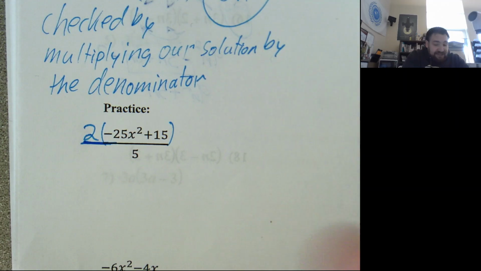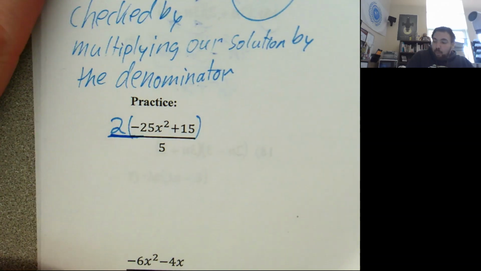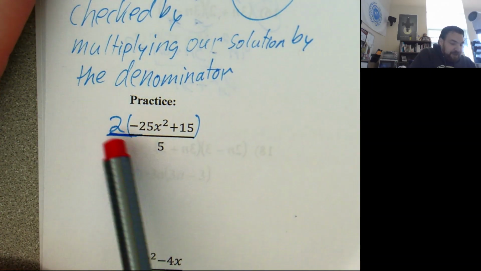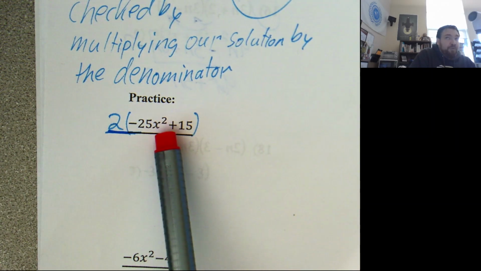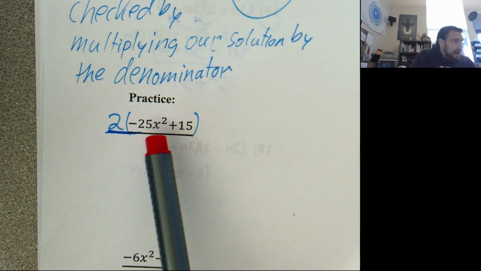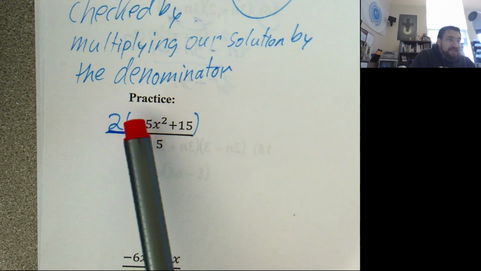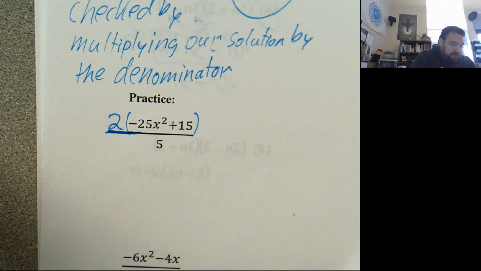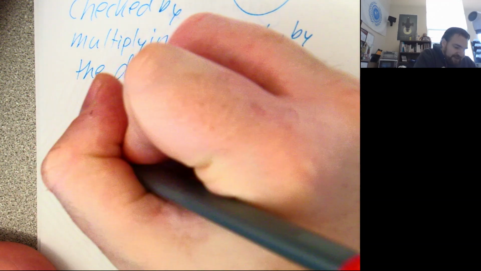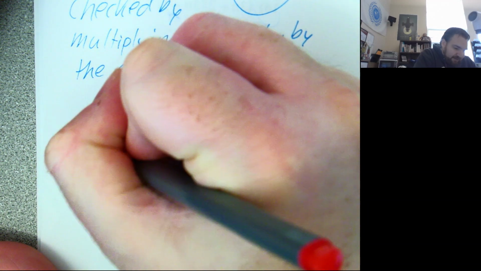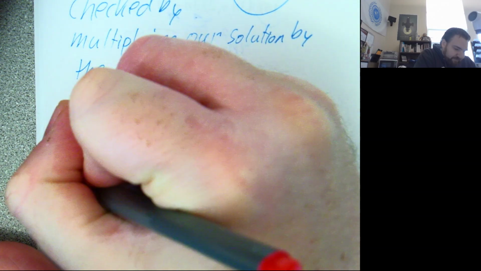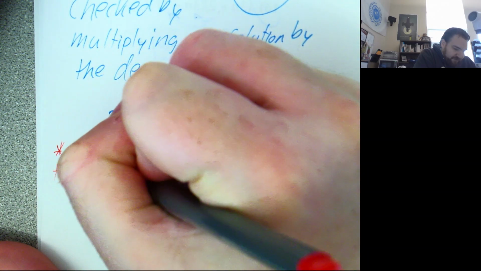The only extra snag to something like this is that when you've got something multiplied by something and it's all buried in the numerator, no division can happen until the numerator has been simplified. So if I give you something like this, what you need to do is simplify the numerator first.